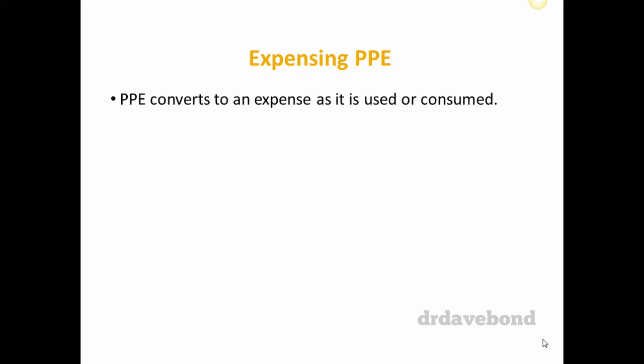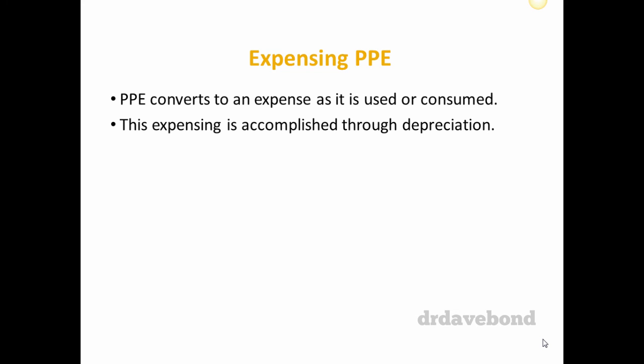Property, plant, and equipment converts to an expense as you use it. Right at the start of today, we were talking about property, plant, and equipment is debit asset, credit asset. But then that means there's no profit and loss effect. We are ultimately trying to get that cost into the profit and loss statement. How do we do it? Well, that's a very good point.